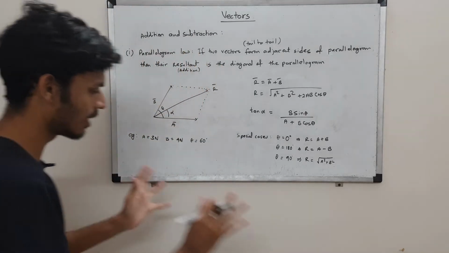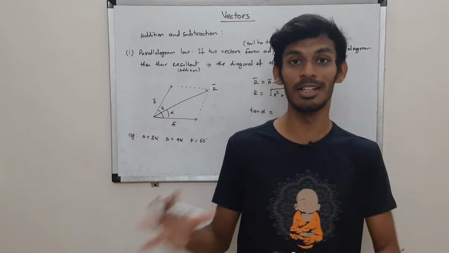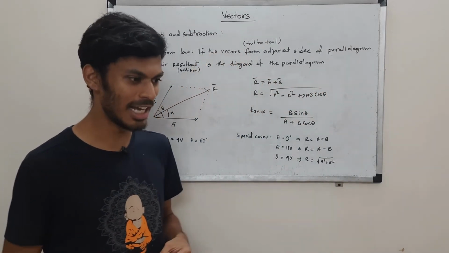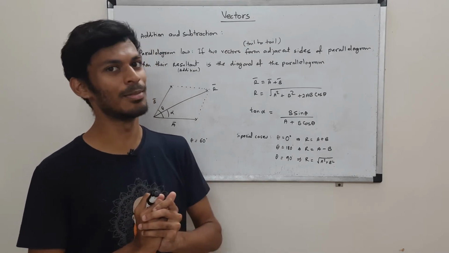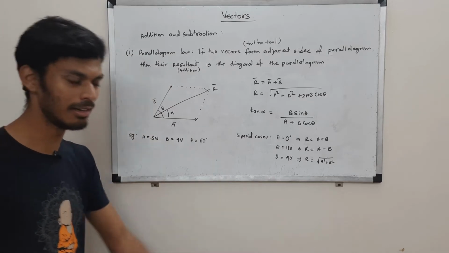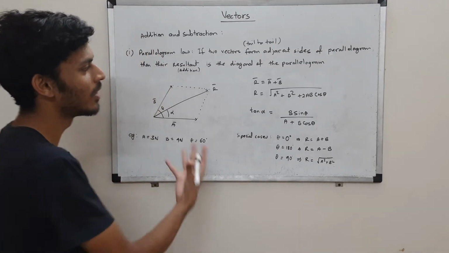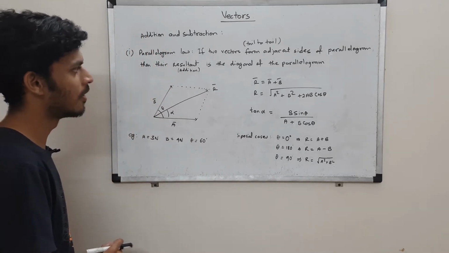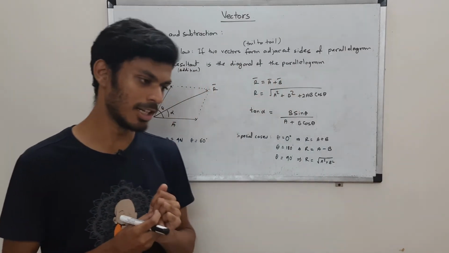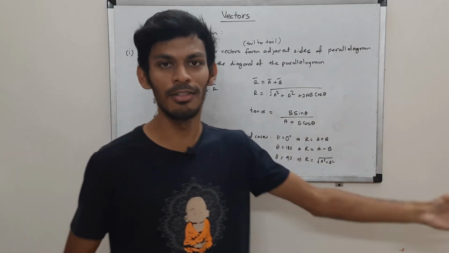But in case of vectors, you also have to consider the direction. You have the magnitude and also the direction, so adding them is a little bit subtle. We'll learn two laws here, the parallelogram law and the triangle law, which is just a modification of it.